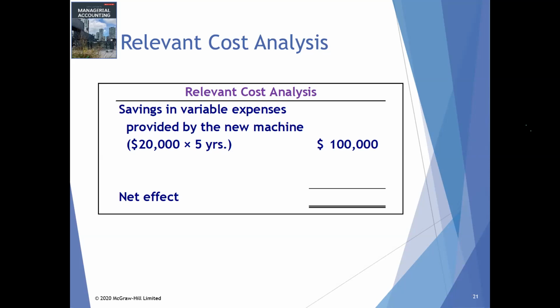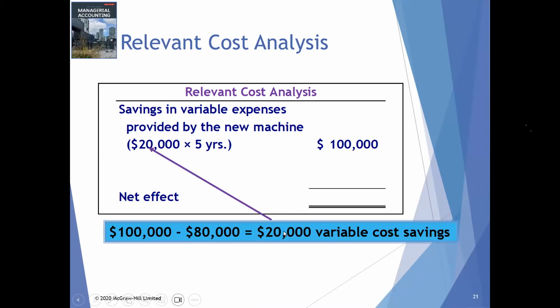It's a variable cost saving if we buy the new machine. So for 5 years, $20,000 will be the saving in variable expenditure. So $100,000 is what we have saved.